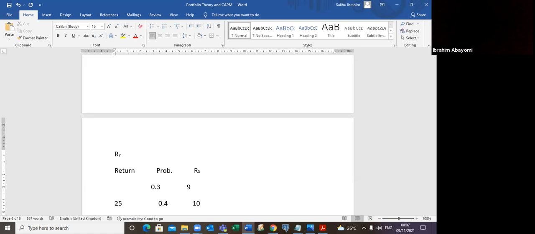What are the returns for Y? 50 and 40. Just two. What are the probabilities? 0.6 and 0.4.